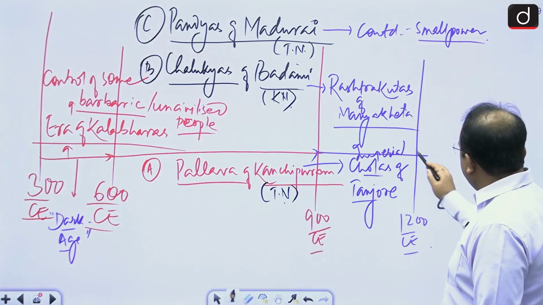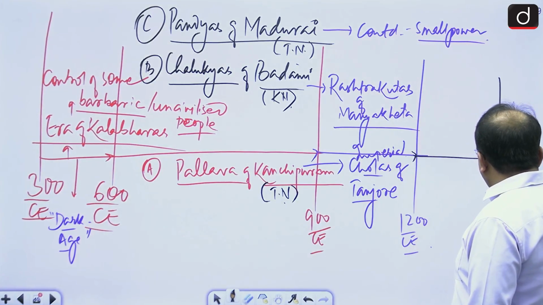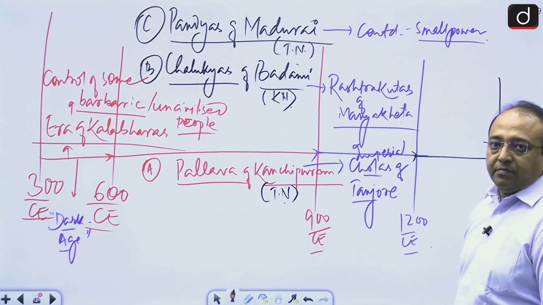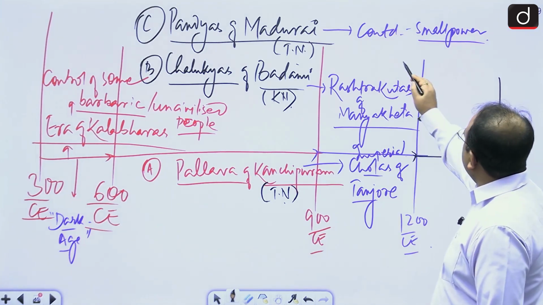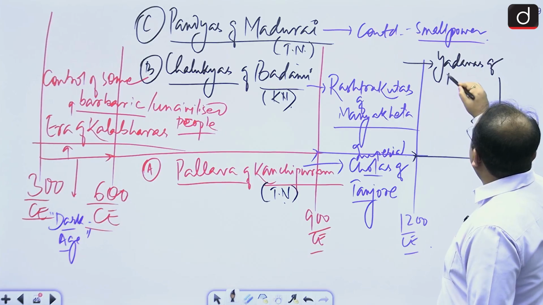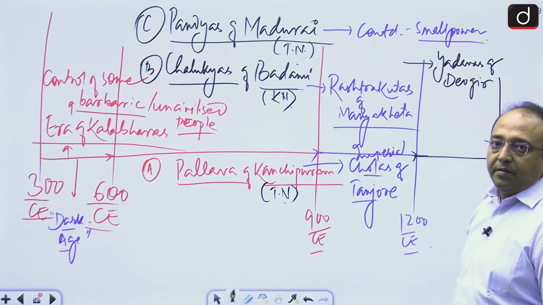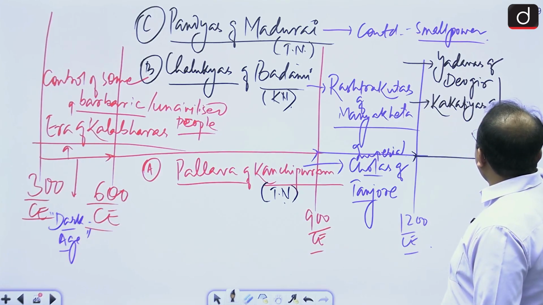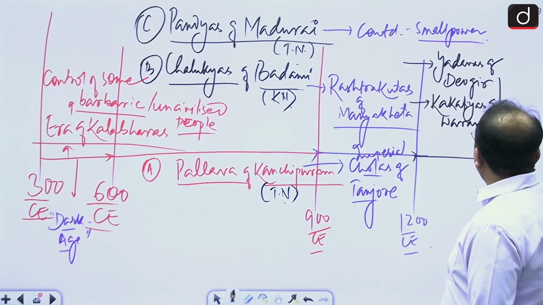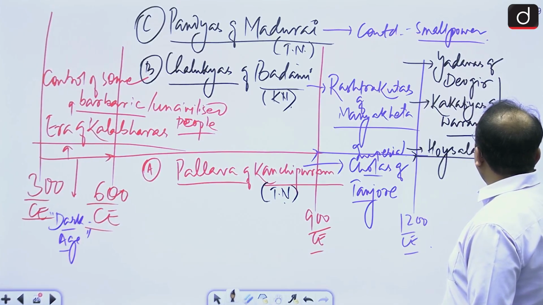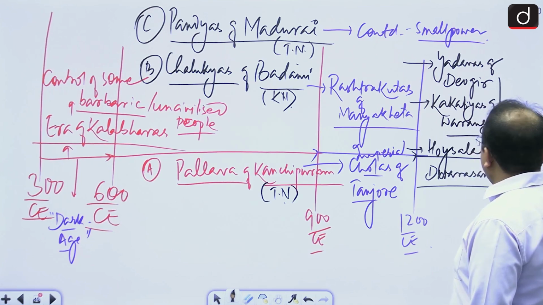Then see, after this, from 1200 to 1400 CE, in this period Cholas declined, Rashtrakutas declined, replaced by powers like Yadavas of Devagiri in Maharashtra, Kakatiyas of Warangal in Andhra Pradesh, Hoysalas of Dwarasamudra in today's Karnataka.